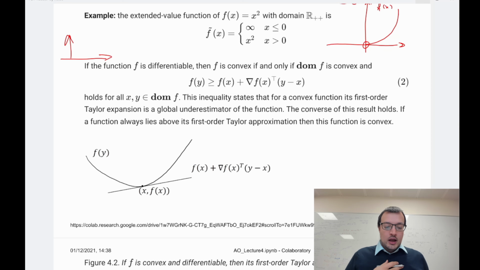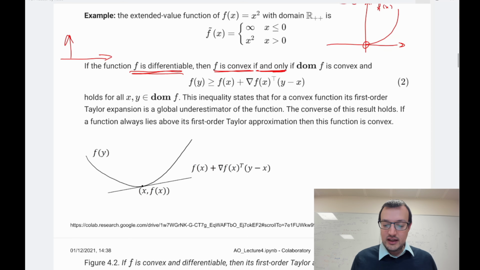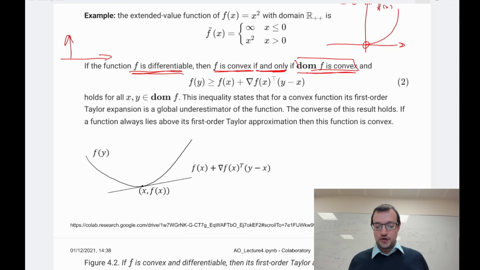Okay. For instance, a square is a convex set, but of course it's not smooth. So let's look at the first order characterization of convexity. If f is differentiable, then f is convex if and only if, again, the domain is convex. So it's important that we always remember that there are two conditions that we need to check. One is that the domain has to be convex, and then we have an additional condition.